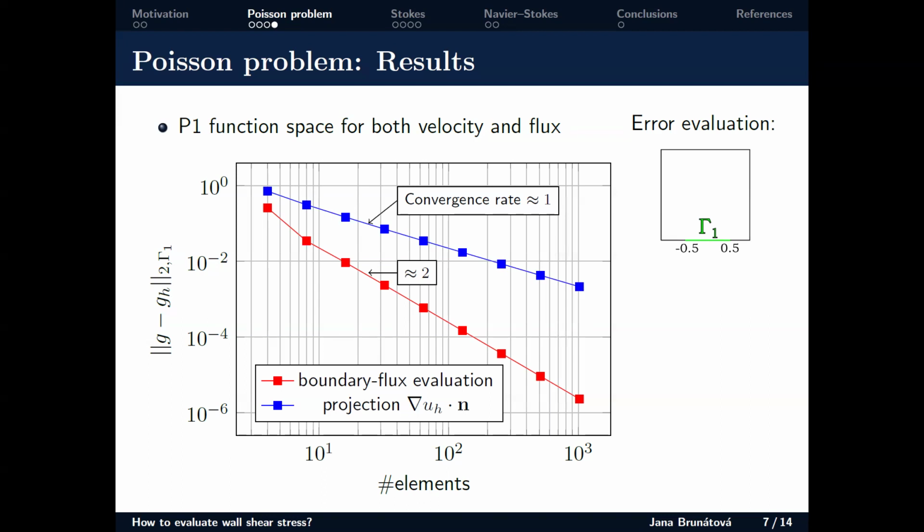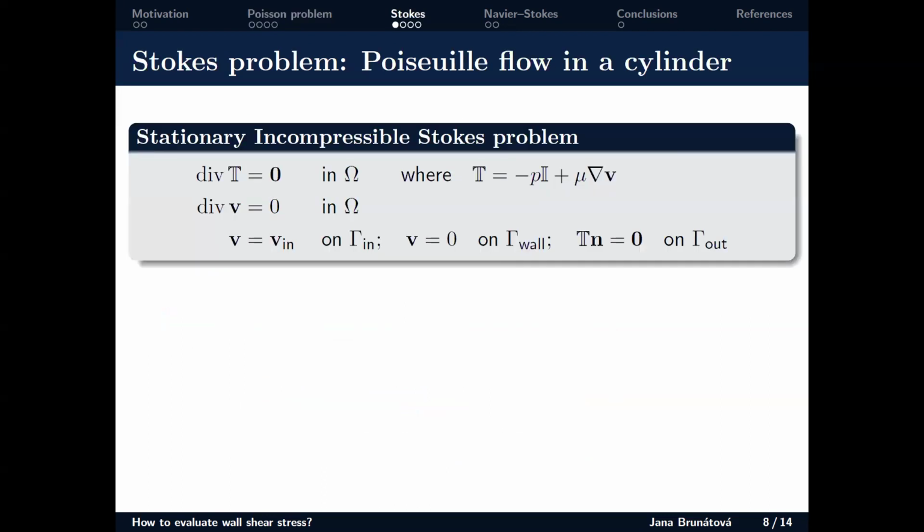So let's now move to Poiseuille flow in a cylinder. It's a more complicated problem in a more complicated 3D geometry, but still simple enough. So here we can see the stationary incompressible Stokes problem.